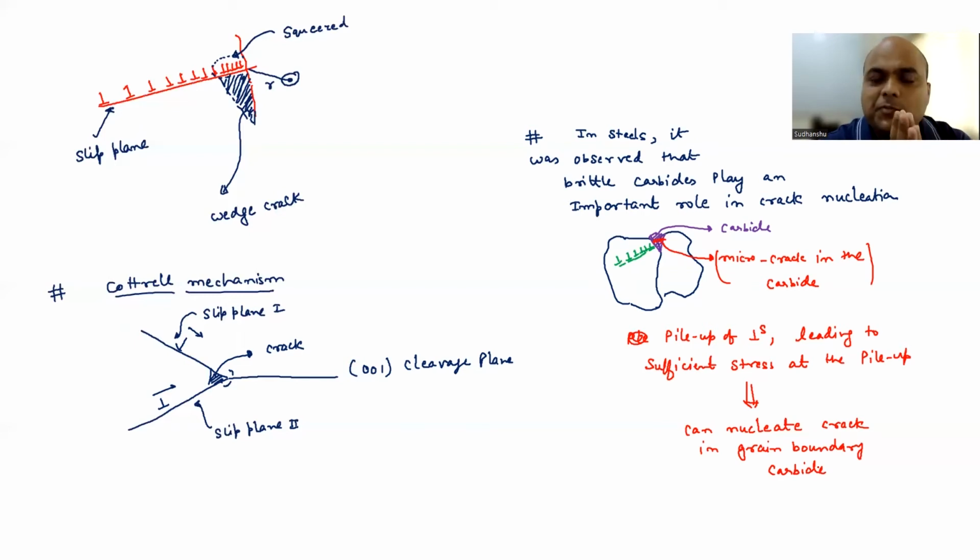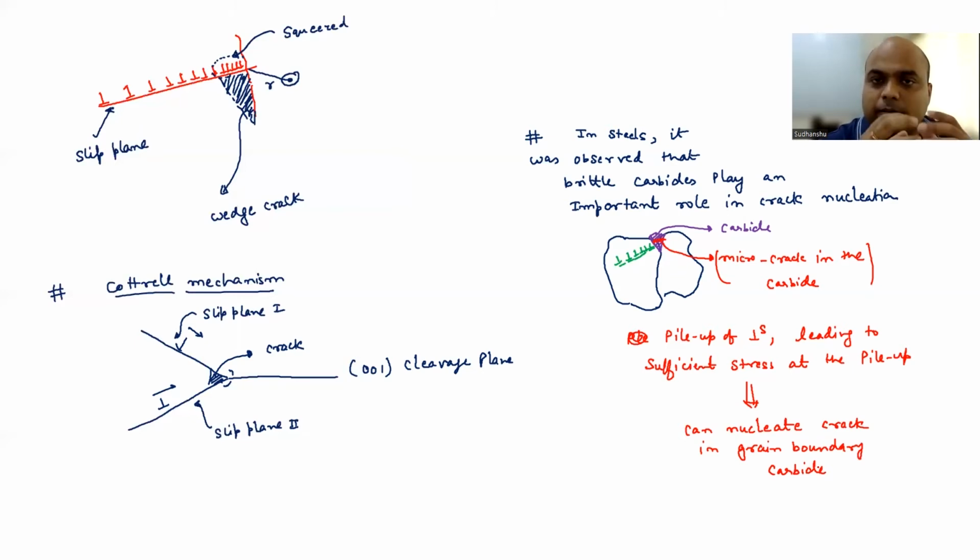Now there could be a situation where you don't have a pre-existing crack, or even if it is there, it is not going to grow, right? And there is no local discontinuity nearby. So what could happen? You have to have local plastic deformation, which will lead to the movement of dislocations.